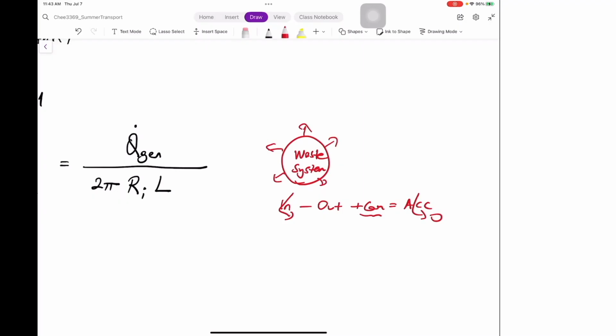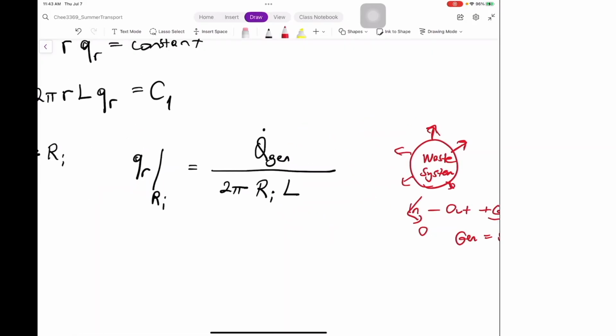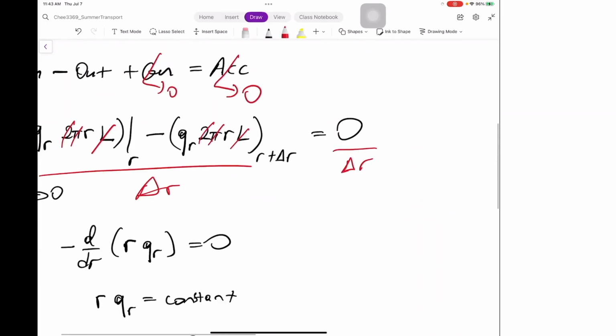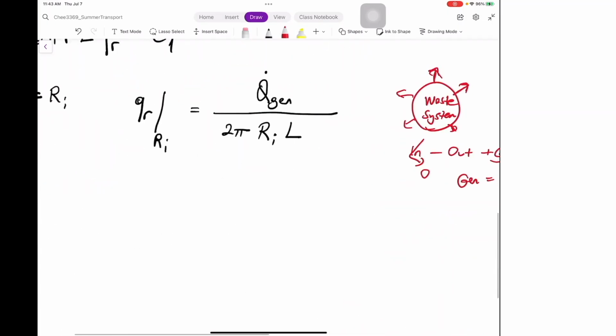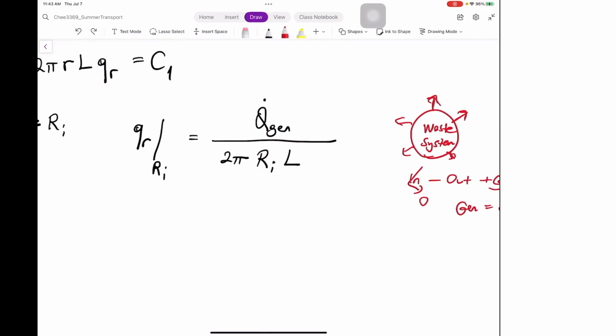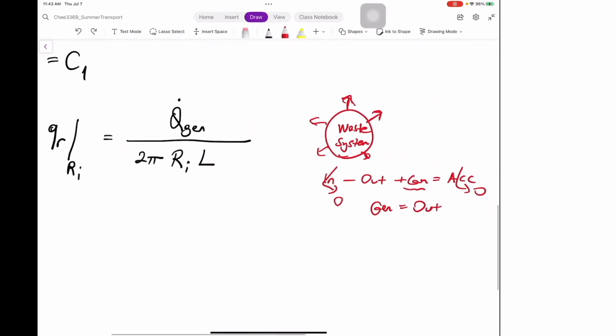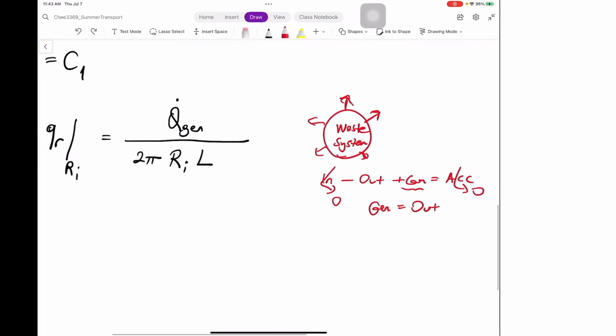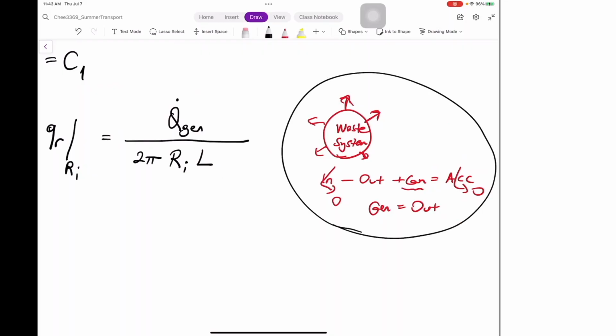The waste is losing some energy. So you can say that minus out plus generation is 0. From here you find that the generation is out. Whatever is outputted from the waste is inputted to the steel system as a flux at that surface. That's where this term comes from. Okay, that's the heat transfer to the steel at the Ri boundary. So this is a nice way of thinking about it.